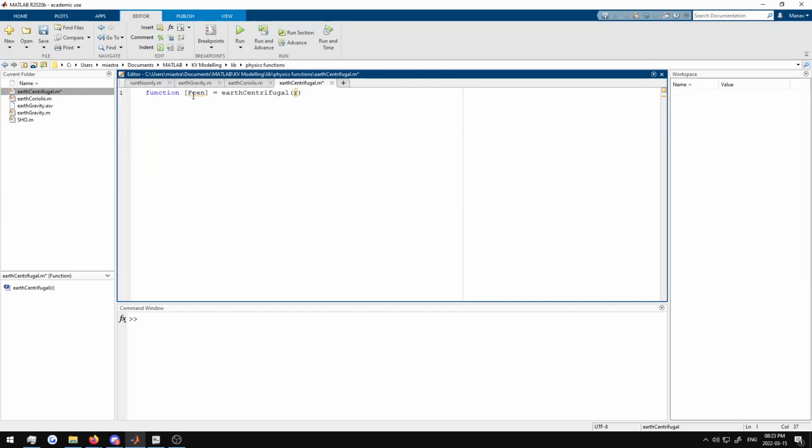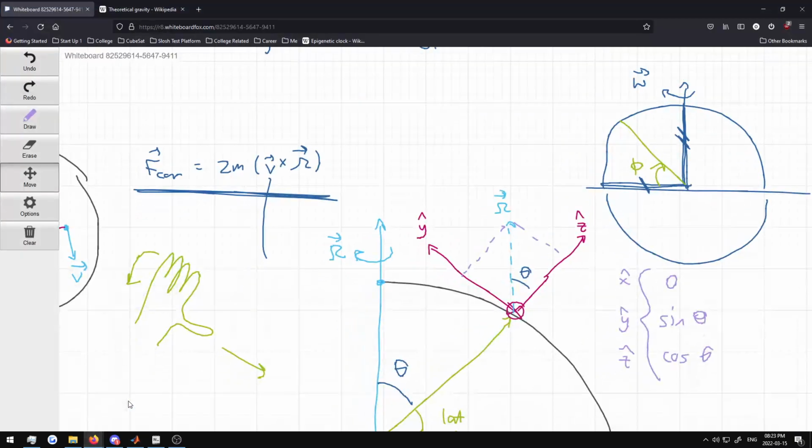From there, there's another vector that goes out to where the vehicle is actually located in that reference frame. We care about both of them here. We also care about latitude and mass. The formula for the centrifugal force is a lot more straightforward.